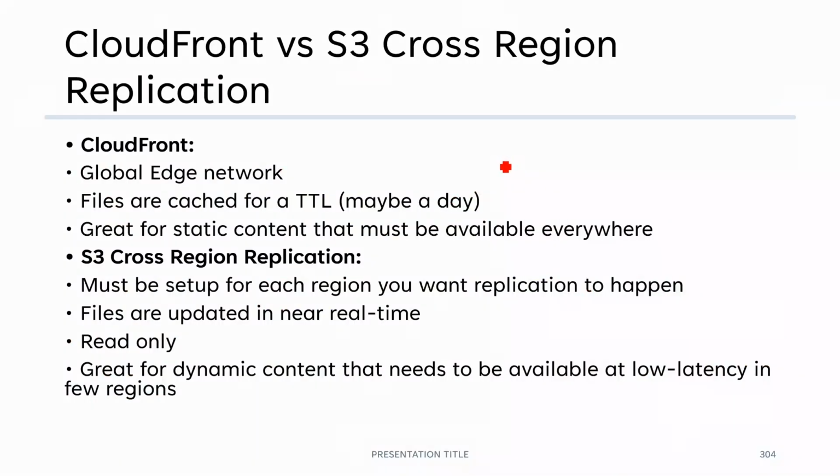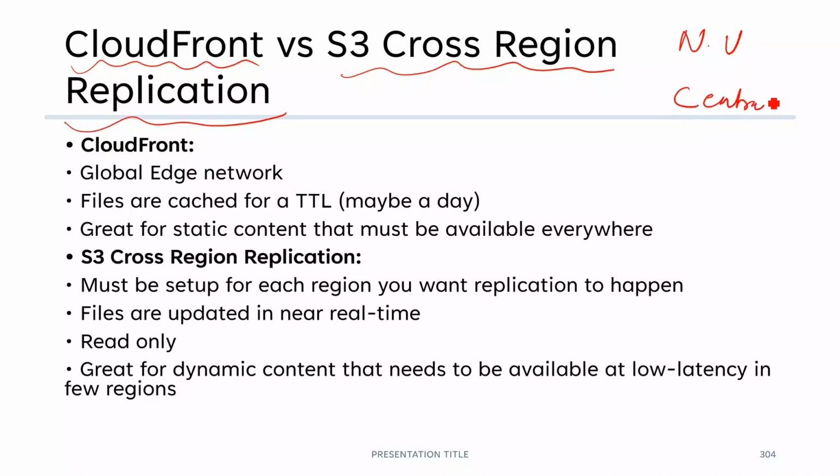Now, people may get confused about certain things, right? And one of those things is how CloudFront differs from S3 cross-region replication. So in S3 there is a concept of CRR, or cross-region replication, where, to put it in simple terms, you have an S3 bucket in, for example, the USA Northern Virginia region, and you have created another bucket in the Central 1 region, right?